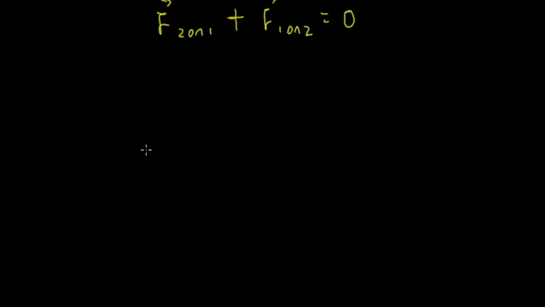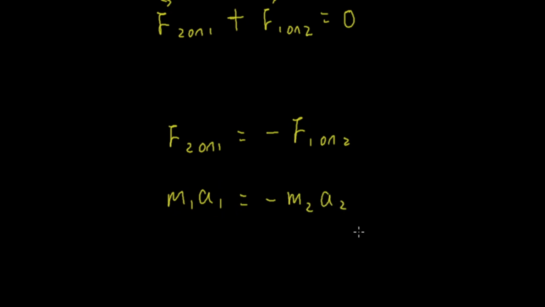Here, force of 2 on 1 is equal to negative force of 1 on 2. Now, what is the equation for force? It is mass times acceleration, but we're talking about object 1 here, so m sub 1 a sub 1 is equal to negative m sub 2 a sub 2.